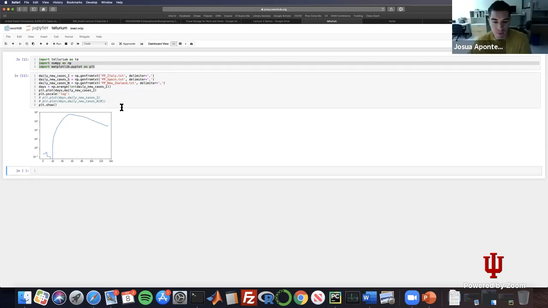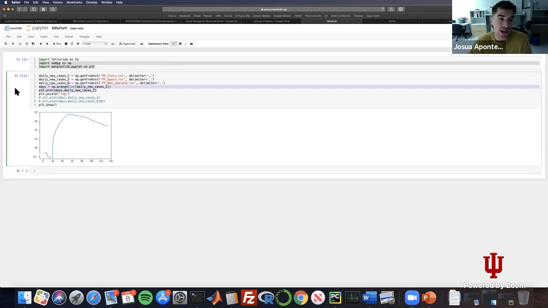Right. Once you have the file, you can use your favorite plotting software. I find this one particularly useful because all I did was just 3 lines of code. Really.